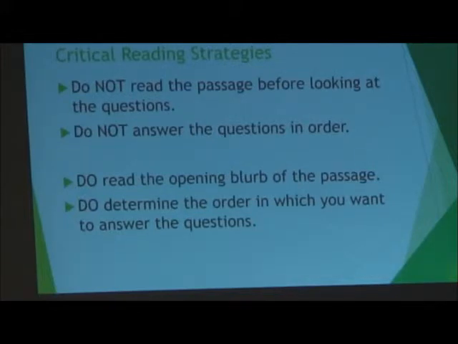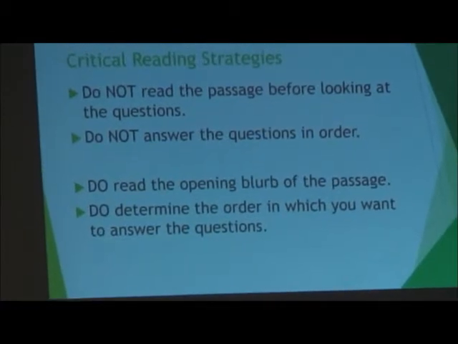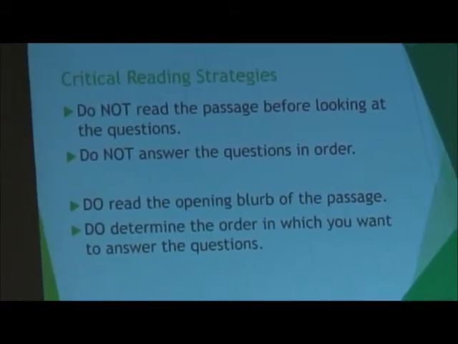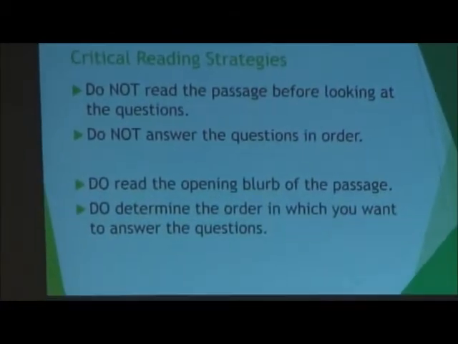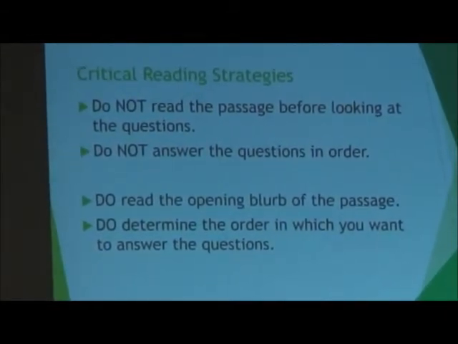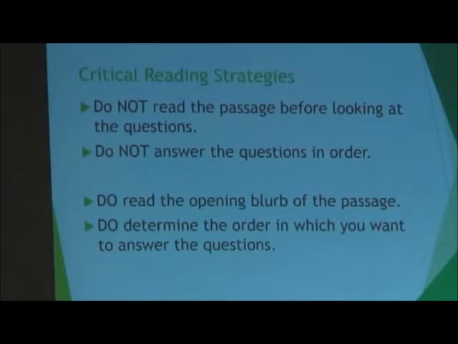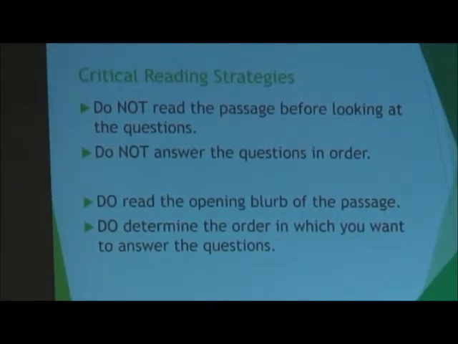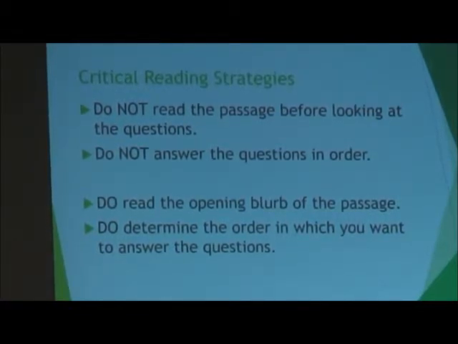You can probably answer it by not reading the entire passage. And then same with 17, same with 18. What about 19? Can you answer that without reading the entire passage? No, right? Because it asks you what the person from passage 2 thinks. So you would want to skip that one.